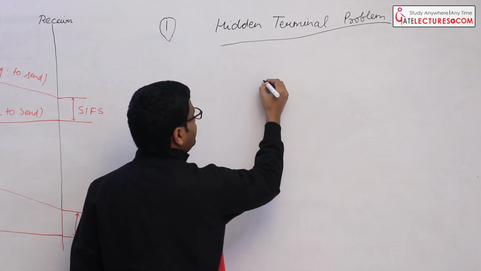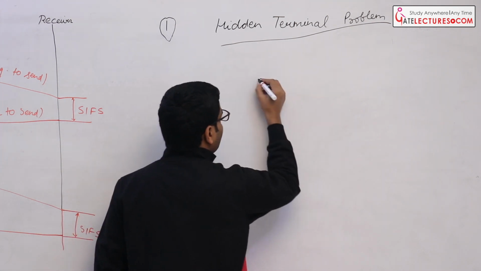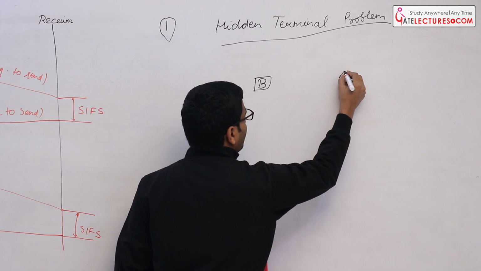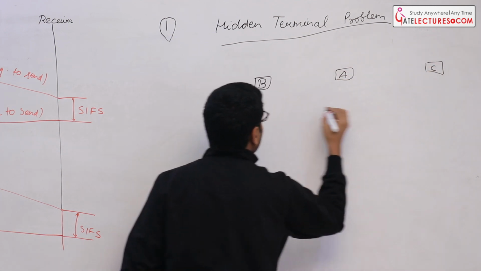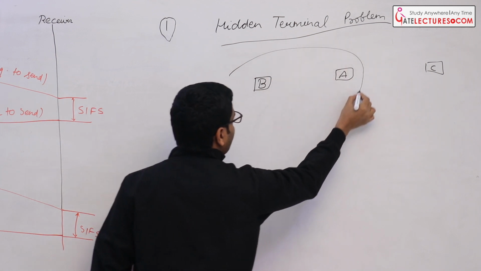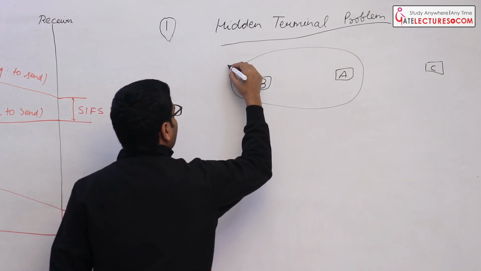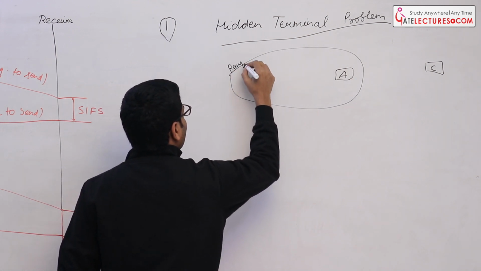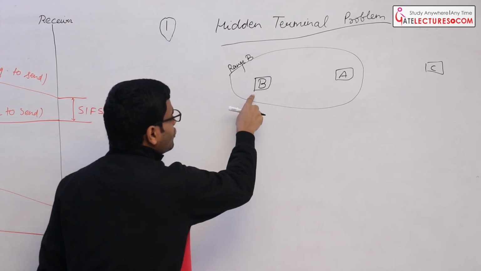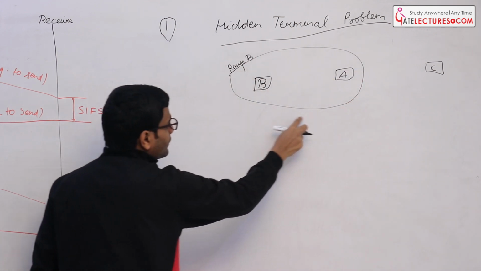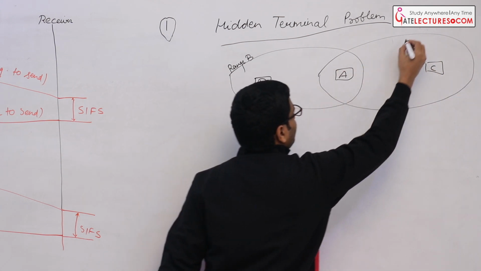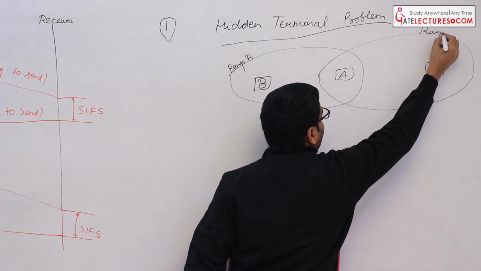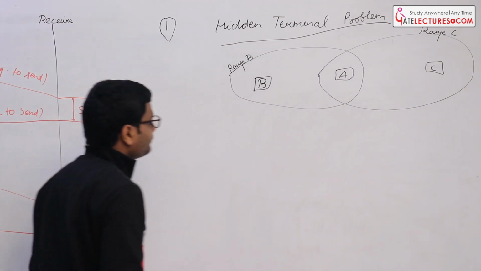Let's say there are three stations, B, A and C. The range of B is this circle and the range of C is this circle.